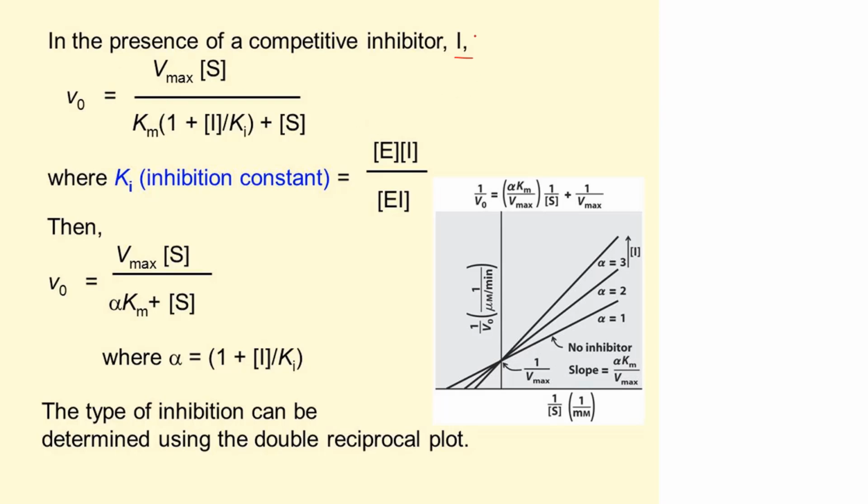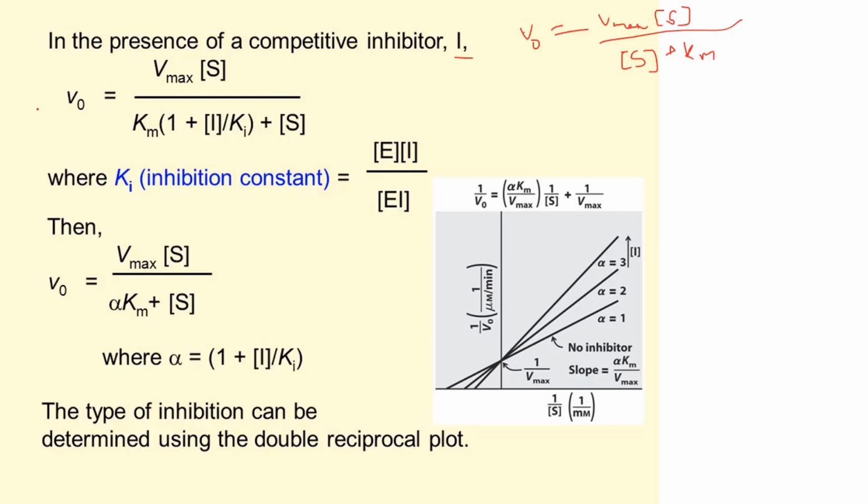We know the normal equation, V0 equal to Vmax into S, which is the substrate concentration, divided by the sum of substrate concentration plus Km. This is the normal equation for an uninhibited reaction, that is in the absence of any inhibitor.